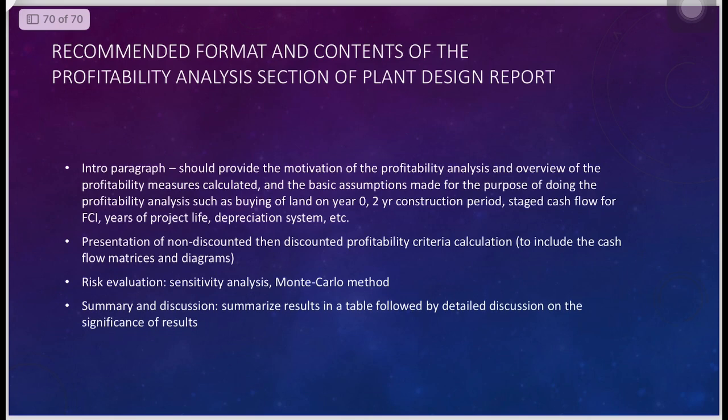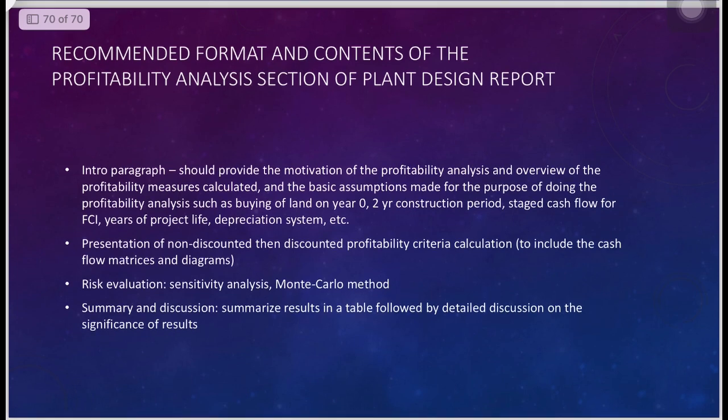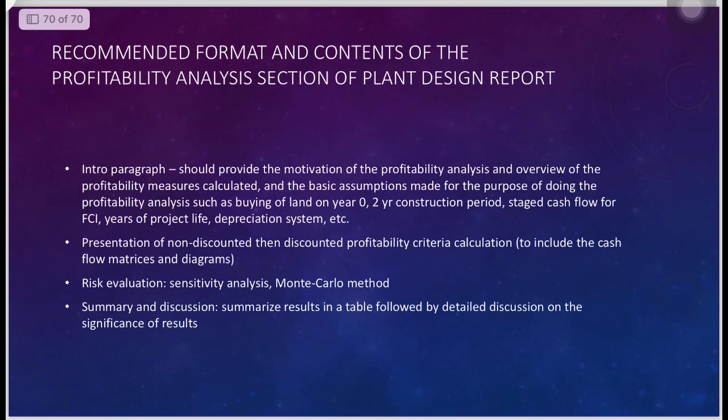Okay? And then you have the summary for all of the presented criteria and the risk evaluation and the discussion. So summarize the results in a table followed by a detailed discussion on the significance of the results. All right? Okay.